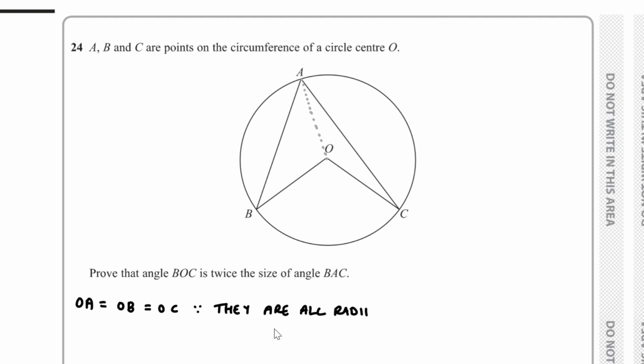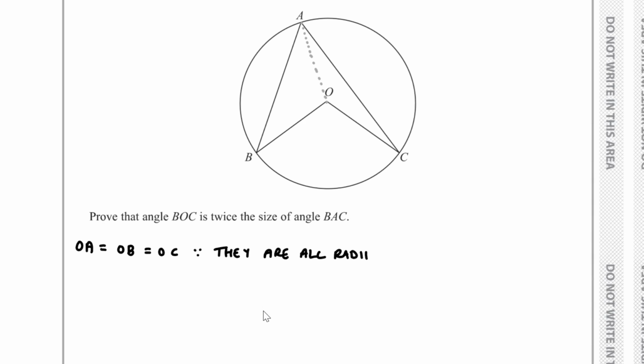Now, what else you'll find because of that is the triangle OAB, that's this one here, and the triangle OAC are both isosceles. Okay? Because this length equals this length, so this is an isosceles triangle, and this length equals this length, so here we have an isosceles triangle.